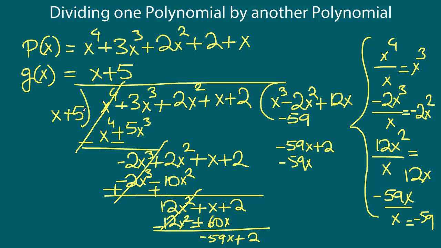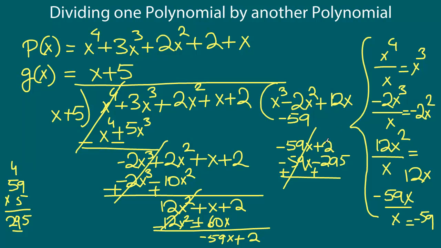So this is a big number. Let's quickly try to find out what that number is. So we have 59 times 5. So 45, 4, 25, 29. So we will get minus 295. So when we subtract, the sign changes, right?